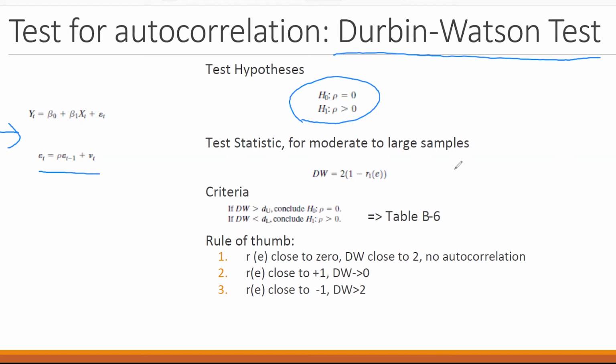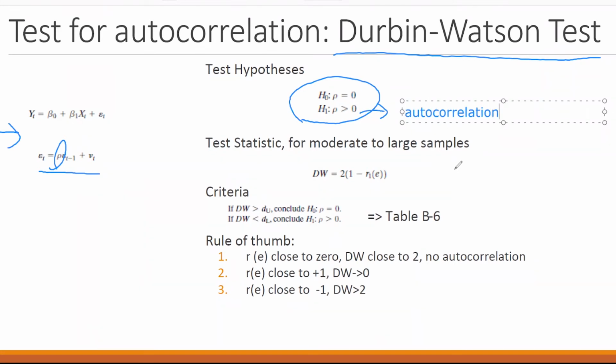If they are correlated, we will find this rho, which is the slope in this equation, to be different from 0. Therefore, the null hypothesis rho equal to 0 tells us there's no serial correlation, or no autocorrelation. On the other hand, if rho is greater than 0, that tells us there is autocorrelation.